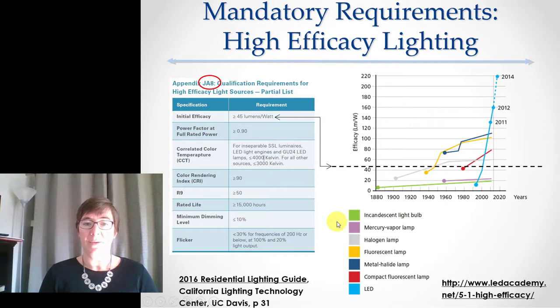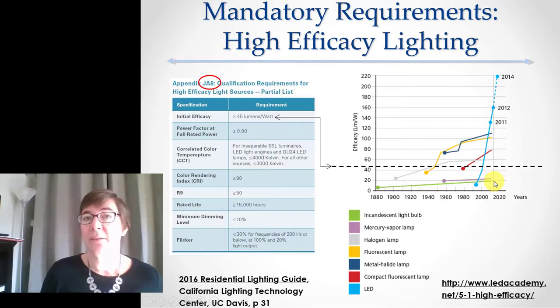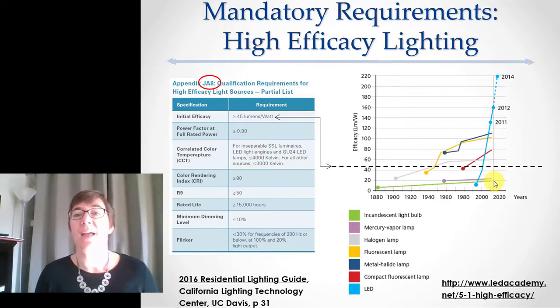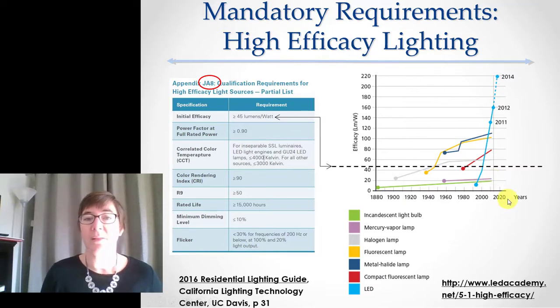The color coding legend is down here. So we can see that this light green color right here is the incandescent light bulb. Invented, looks like just after 1880. It has a low efficacy. And we made some small improvements over time, but here we are, and the maximum efficacy of your incandescent light bulb is still less than 20 lumens per watt.